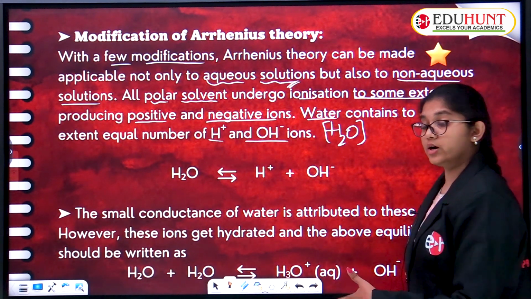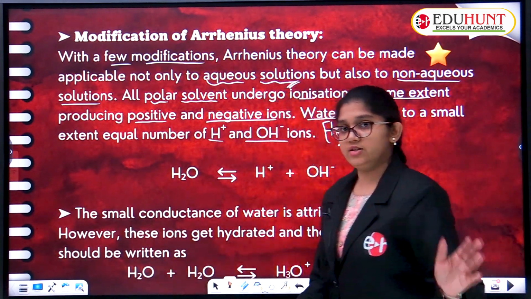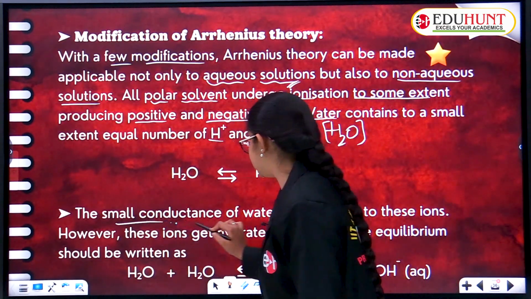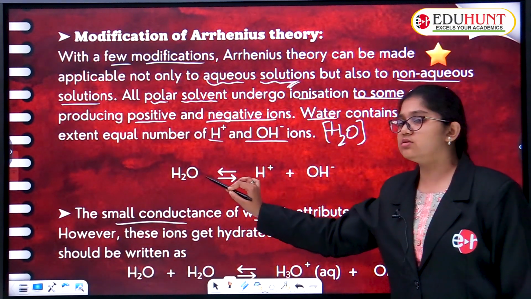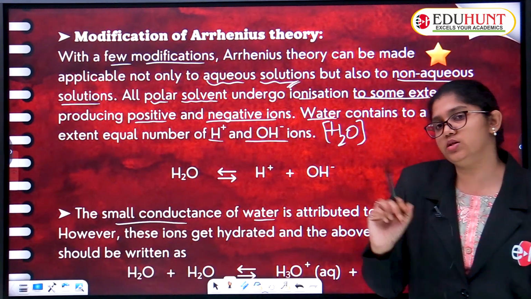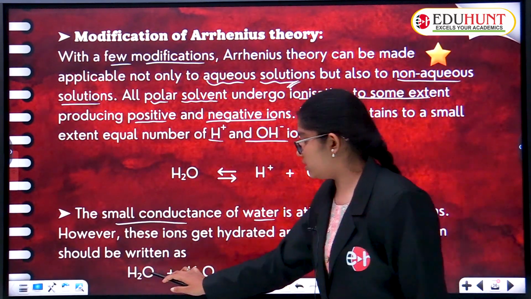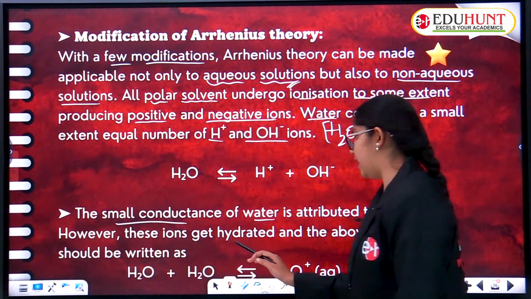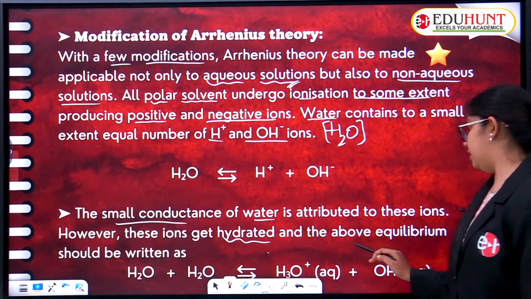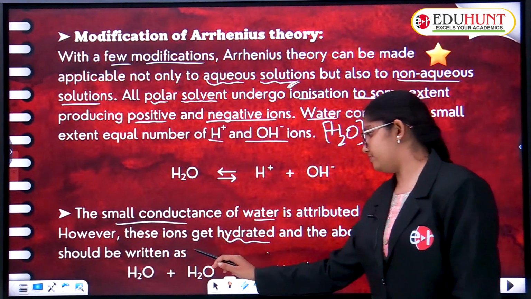And after that what happens? The modification regarding that: the small conductance of water is attributed to these ions. So one more H2O is added. However, these ions get hydrated and the above equilibrium should be written accordingly.